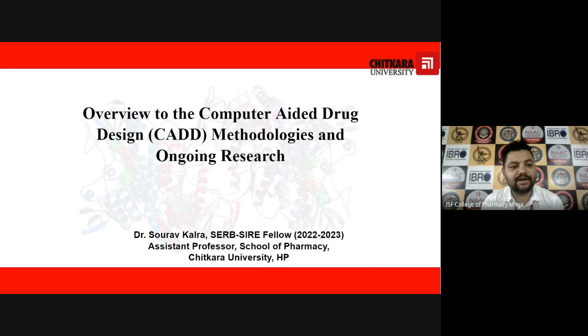Previously, he worked as a postdoc fellow, ICMR research associate at Department of Pharmaceutical Technology, Process Chemistry at NIPER Mohali, and received an ICMR RA fellowship from ICMR New Delhi. He completed his PhD from Central University of Punjab, Bathinda, in the field of pharmacogenomics, computer-aided drug design, synthesis, characterization, and biological activity of new chemical entities.